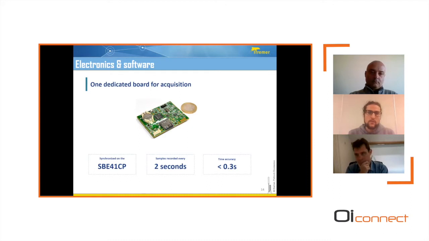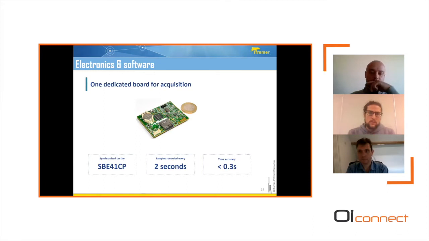So that's basically for the core Argo mission. And then you have a second board, which is an acquisition board. That second board is dedicated to the acquisition process.